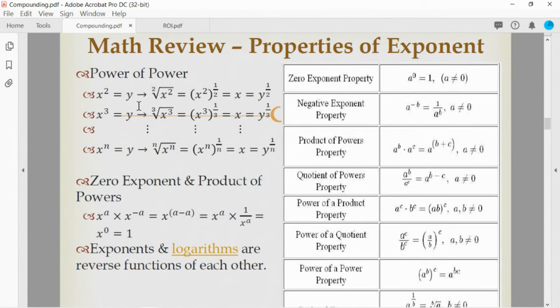If x squared equals y, right? So it's like 2 squared equals 4, right? Of course, 2 squared equals 4. We all know that. And if you take the square root of 2 squared or 4, right? It will be 2, right?